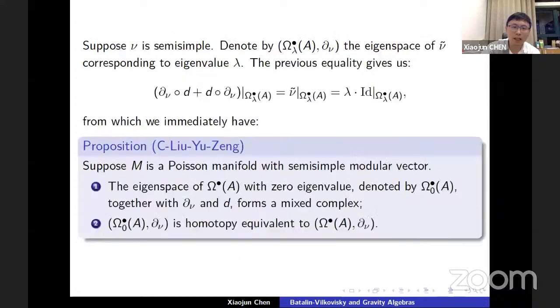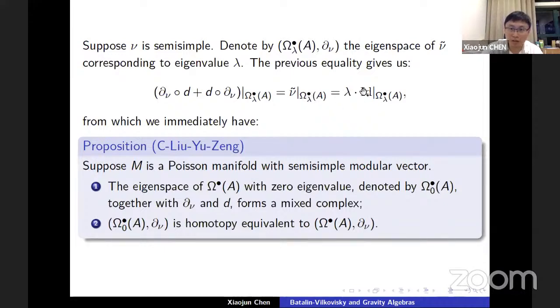Thank you. So now if we consider this subspace, the eigenspace with respect to eigenvalue 0, then d nu, this partial nu, and d form a mixed complex, because from the above identity, now lambda is 0, right?